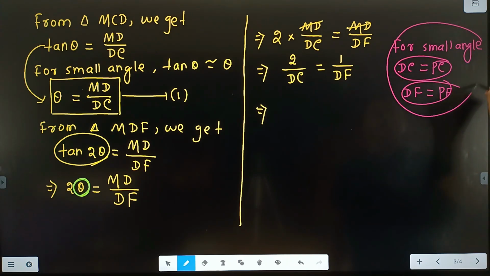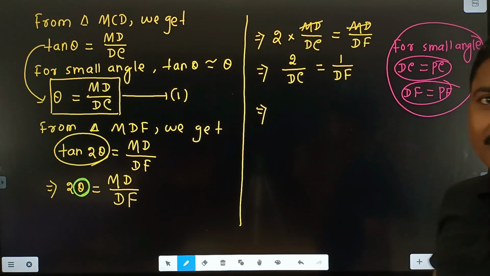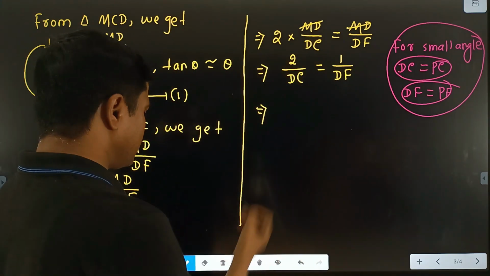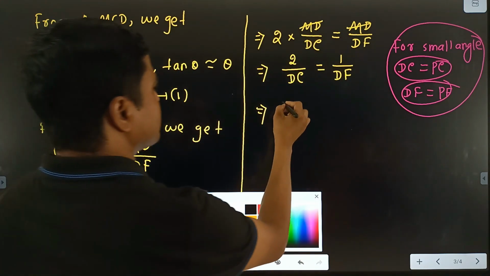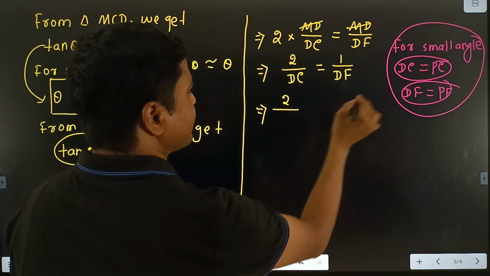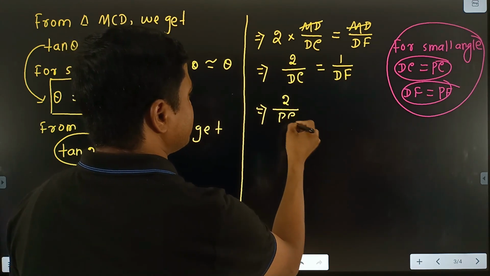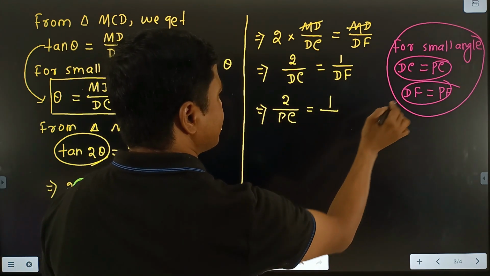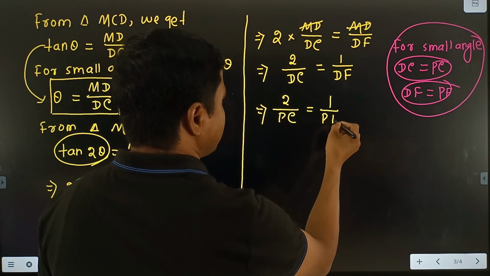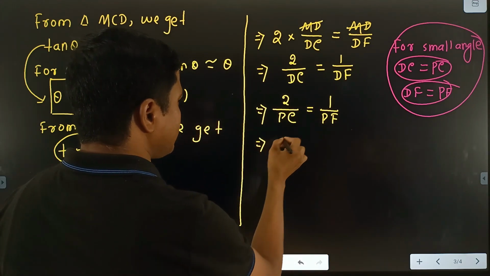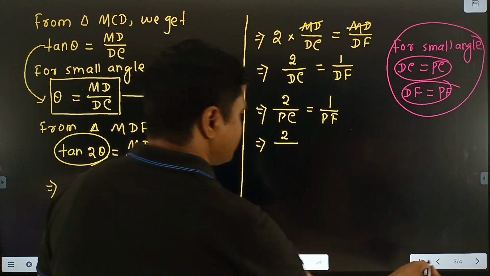Clear? That is a special case. So for small angle the equation becomes twice divided by PC is equal to 1 divided by PF.